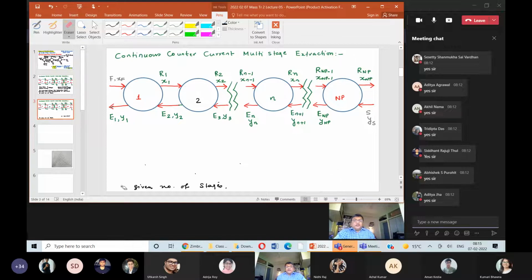For a cross flow feed, what are the entities you specify? What are the entities you specify for a single stage extraction and a cross flow feed?